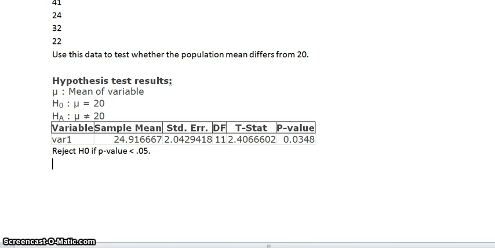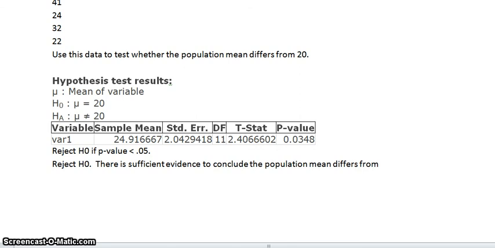Therefore, we reject H0 and say that there is sufficient evidence to conclude the population mean differs from 20. And you can see by looking at the sample mean, it looks like it's greater than, but because this is differs from, we'll say not equal to or differs from. All right, so that's our two examples.